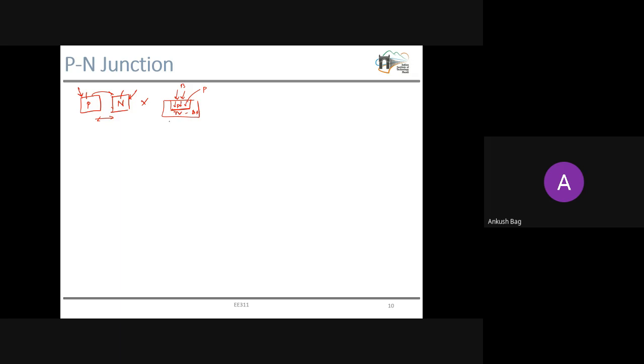Once again, it is not that we are taking two separate p-type and n-type semiconductors and connecting them together, or attaching or gluing them somehow, to get this interface. This is not true, because the problem, if we just simply connect them differently, is that interface.